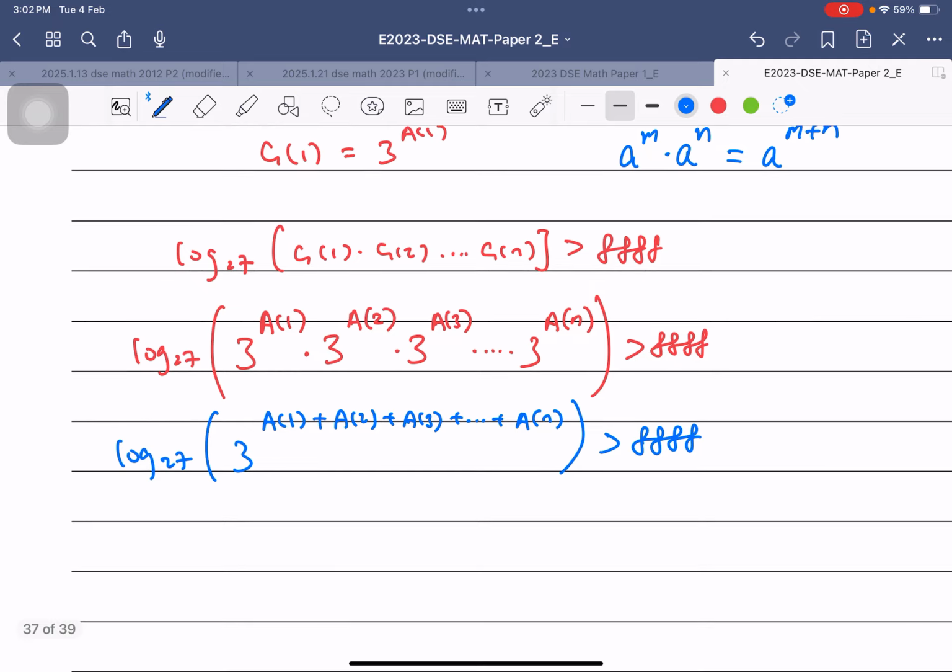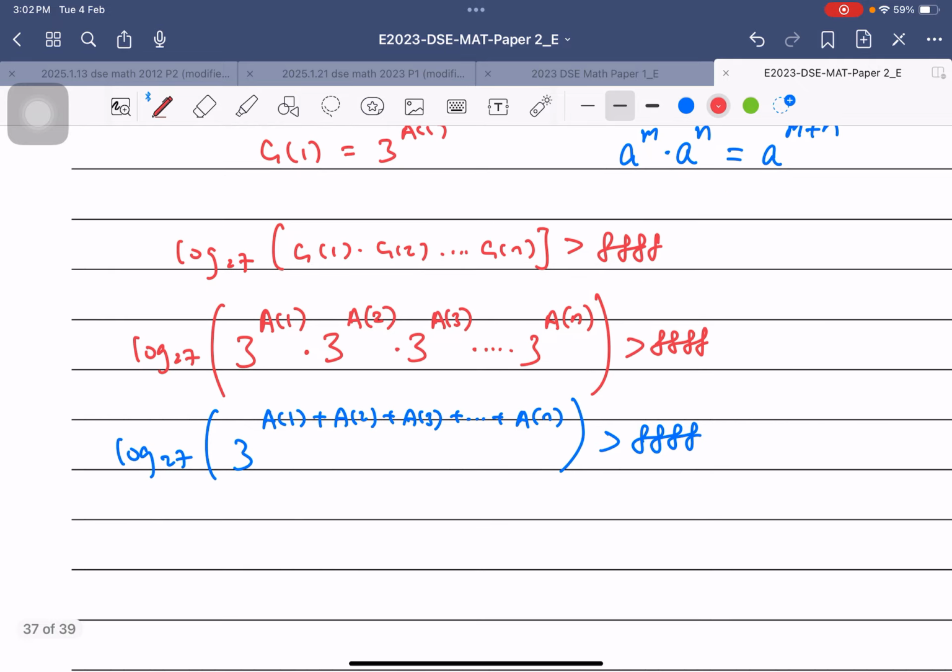Is this okay? So do you still remember the formula? If you have log of a to the power of b, it is equal to b log a. Yeah. You can bring down the power, isn't it? So the whole thing here is the power. You can just bring it down.